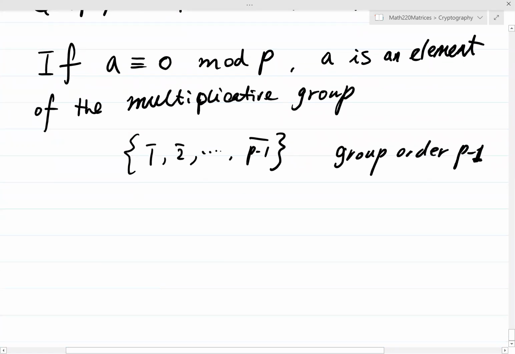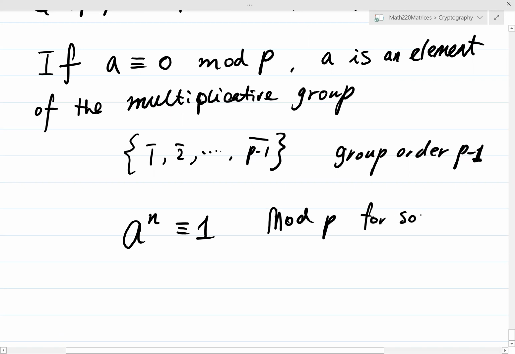So this actually tells us that a to some order n is congruent to 1 mod p, for some n that divides p minus 1. Suppose p minus 1 is k times n, where k is a positive integer.